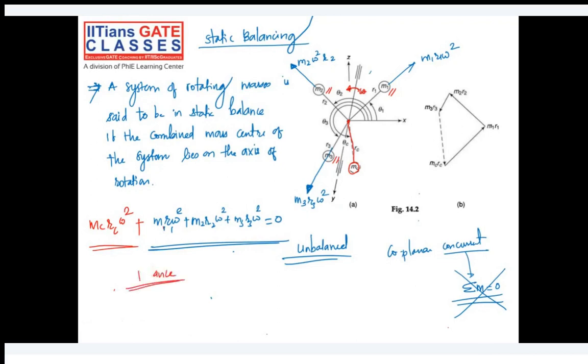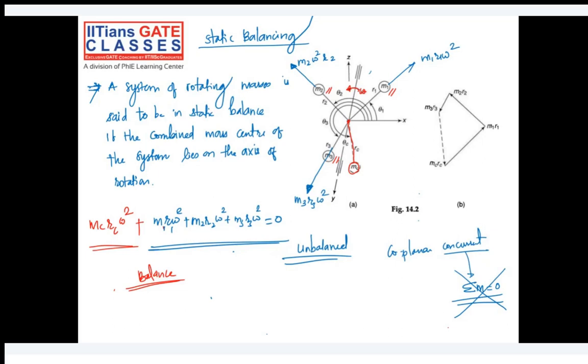Are you following it? So basically previously 3 masses were there and their centrifugal forces were not balancing each other. Then we are putting one more mass, the counter mass MC, at a radius RC from the center of the rotor, and that is helping us to balance the rotor.